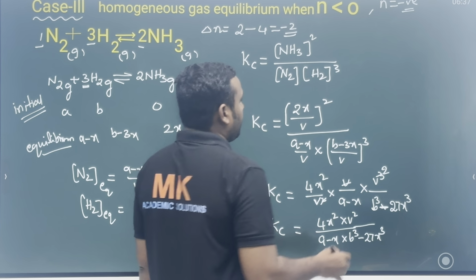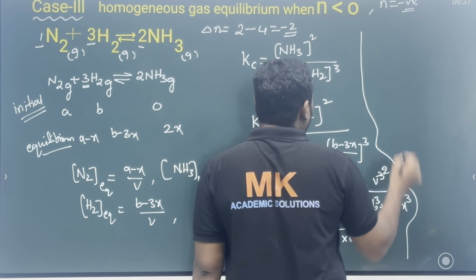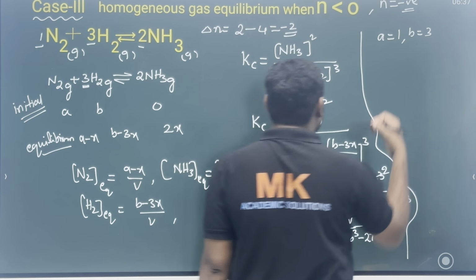Now let us assume a is equal to 1 and b is equal to 3. This also you can do.